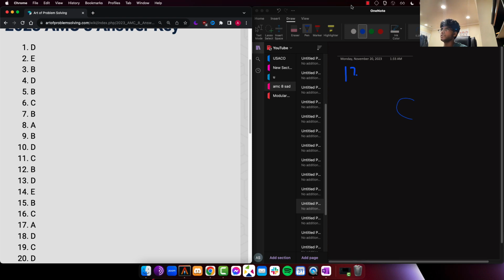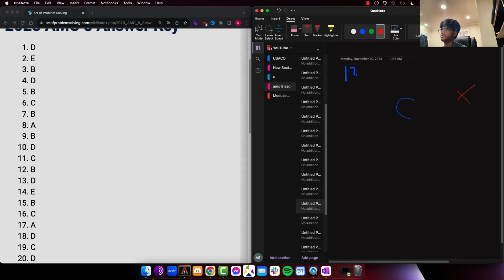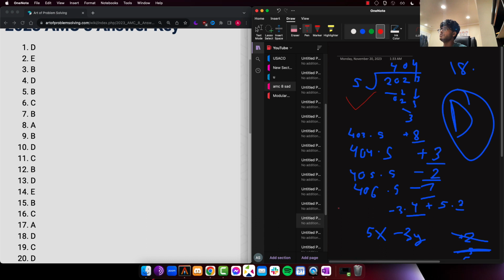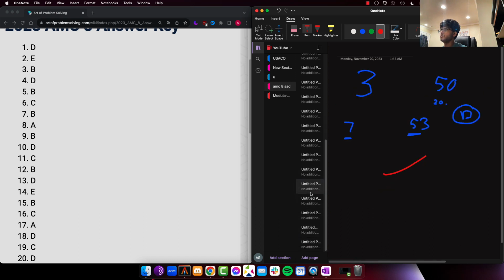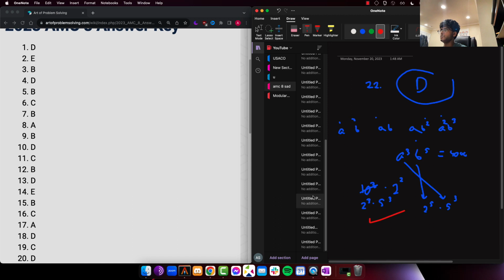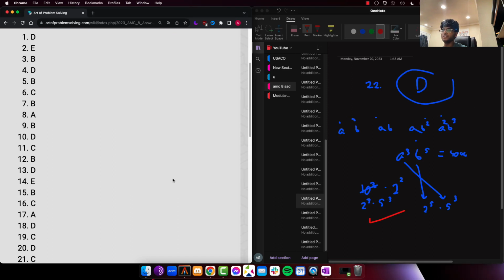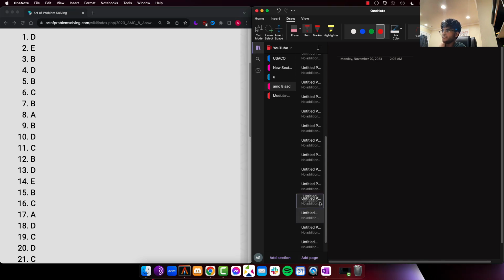Okay, and that's wrong because 17's A. Fair enough. 18, 19, 20, 21 we're putting C. Okay, I got 21 right as well, so I'm adding that in. We'll move it up here. 21 C, right.